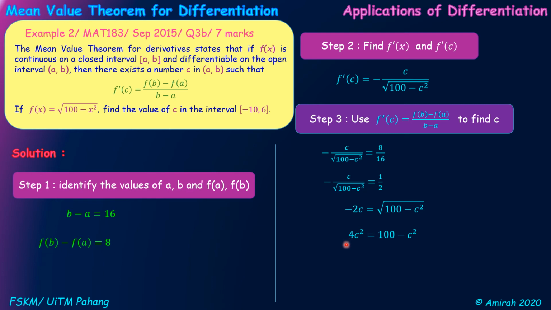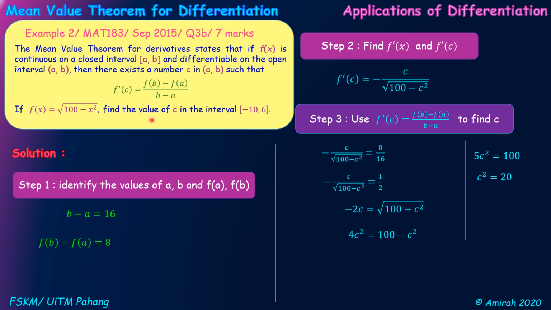Then we move negative c squared to the left hand side, so we get 4c squared plus c squared. So we get 5c squared equals 100, and c squared equals 20.